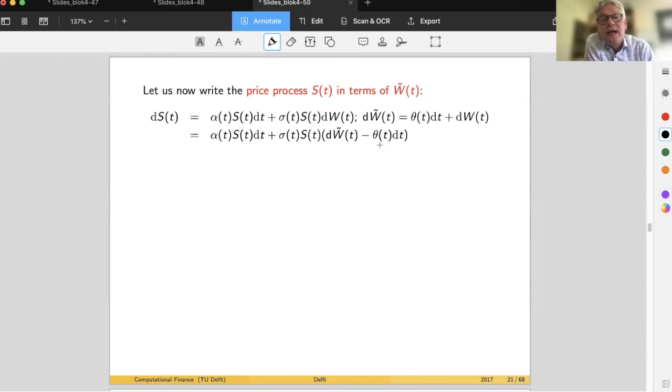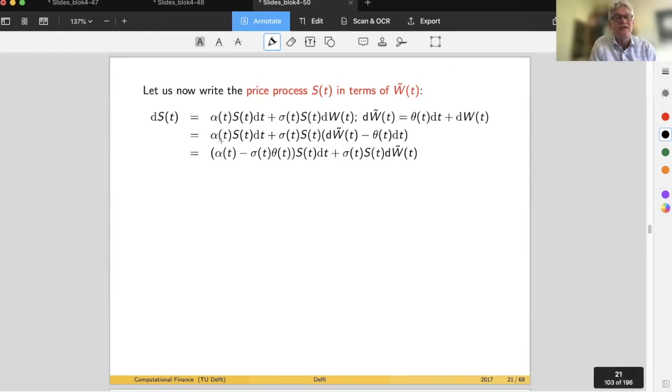And here we recognize again a dt term times sigma_t S_t, and we can bring it together with this other dt term. Collecting the dt terms gives us alpha_t minus sigma_t theta_t times S_t dt plus the dW tilde term, sigma_t S_t dW tilde_t.